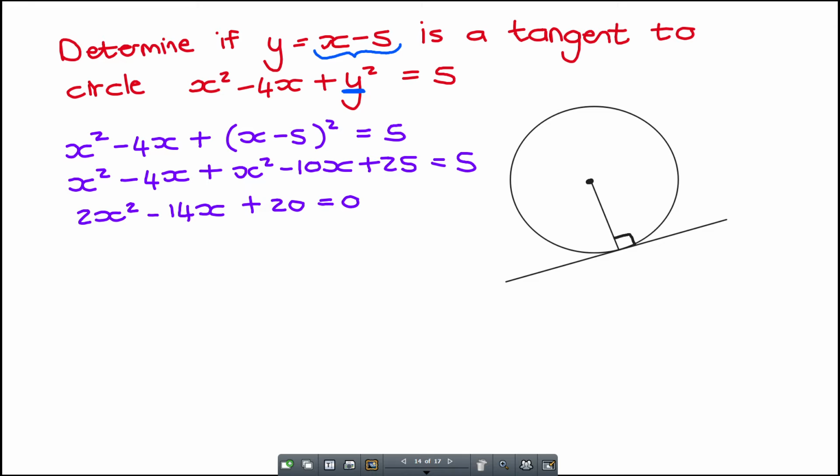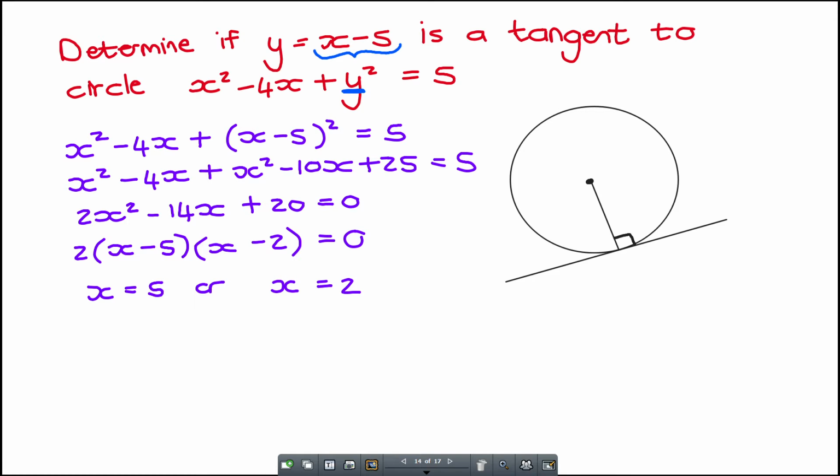Nee, ek het alles links gevat and just simplified. Now I've got a normal trinomial. So you could take out a common factor of 2, and then I'm going to factorize, and I'm going to get (x minus 5)(x minus 2) is equal to 0, meaning x will be 5, or x will be 2.